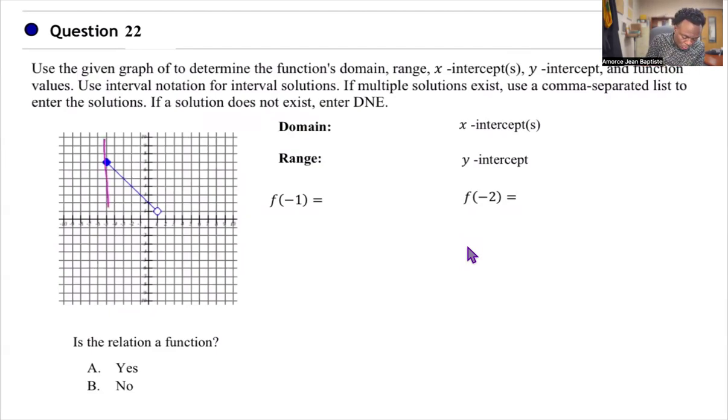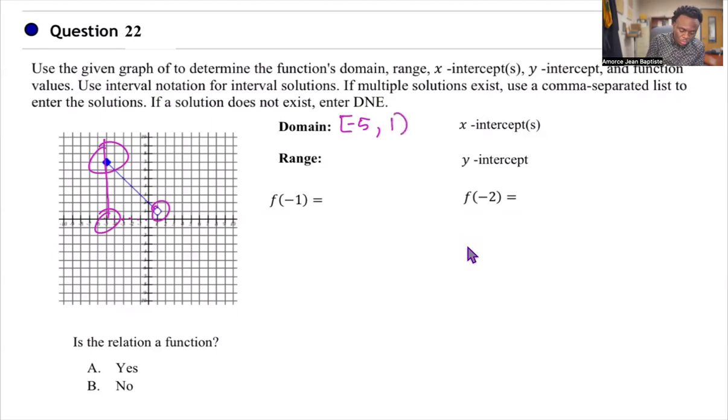We know it goes from, that's small, but that's negative 5. 1, 2, 3, 4, 5. Okay, so negative 5 with a closed circle, and it goes all the way to positive 1 with an open, so 1 with a parenthesis.